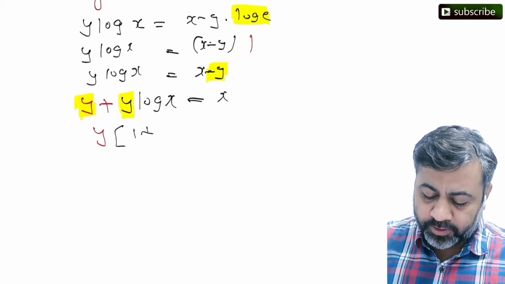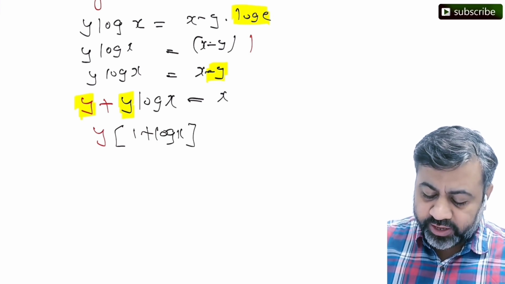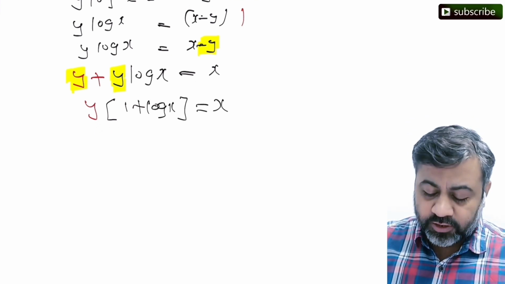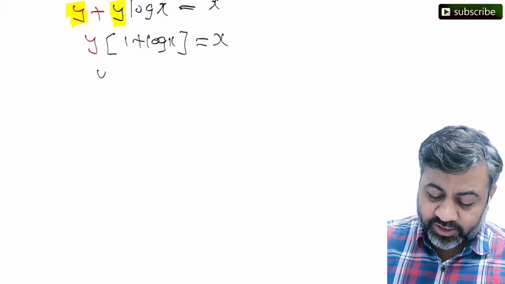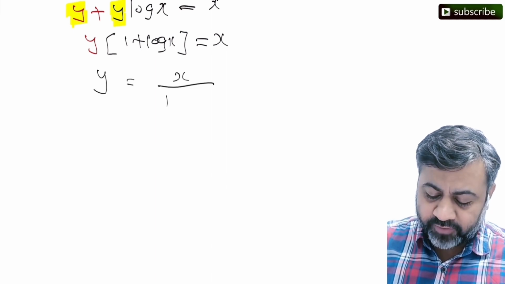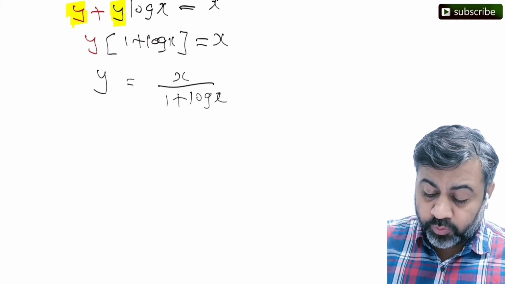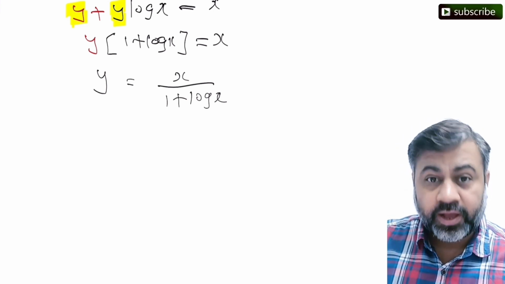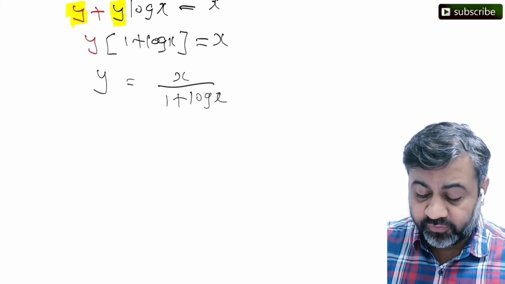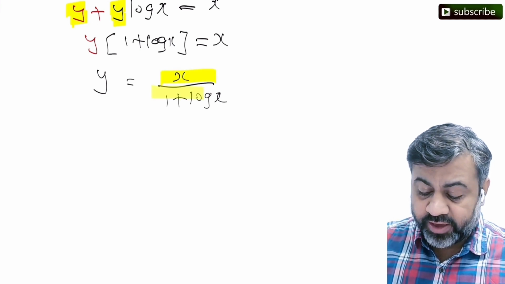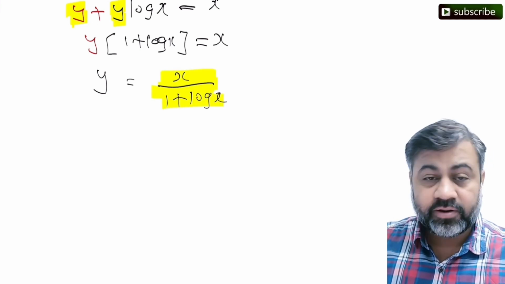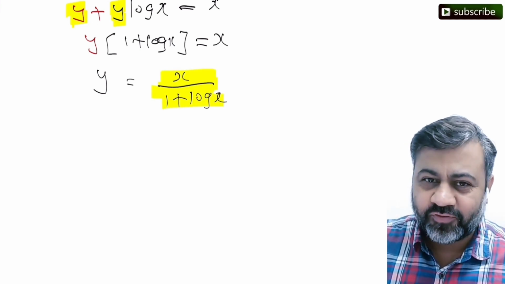I get y times (1 plus log x) equal to x. Now in the next step, y equal to x by (1 plus log x). So the question which was an implicit function, I converted into an explicit function, because this question is now y equal to f(x) type, right? On the right hand side we have only x and there is only one y.